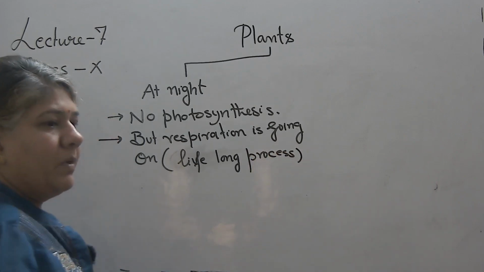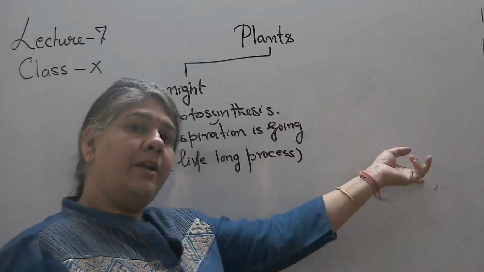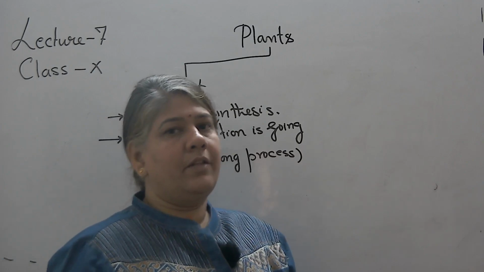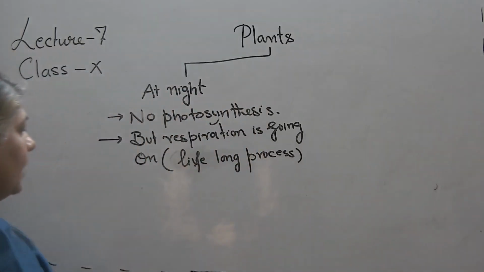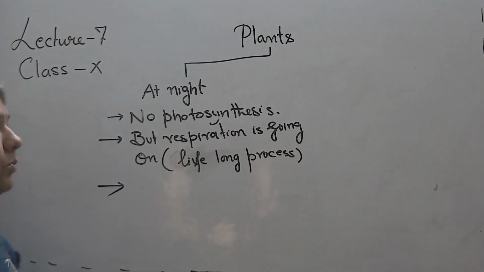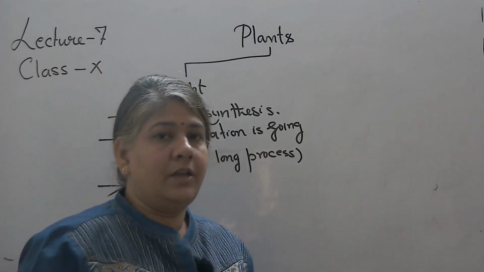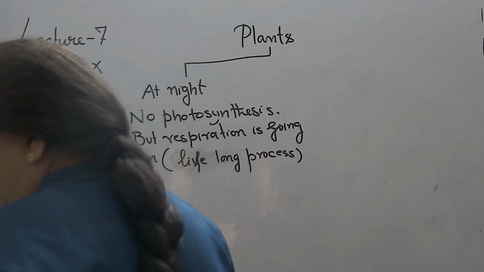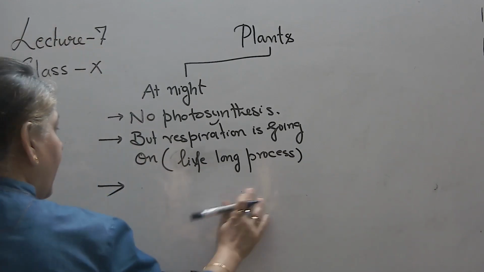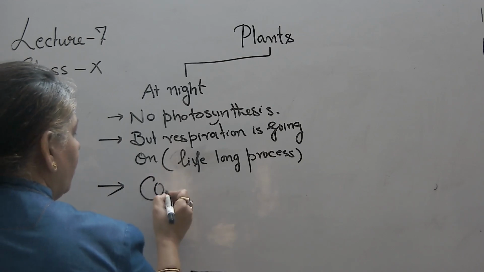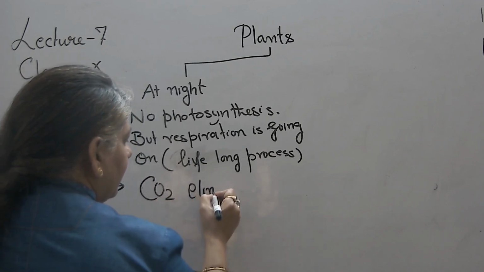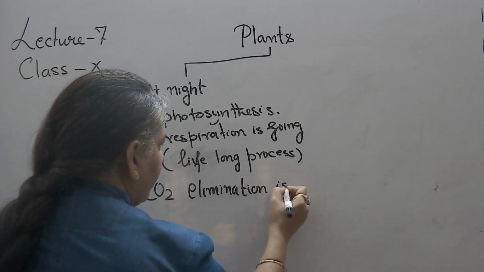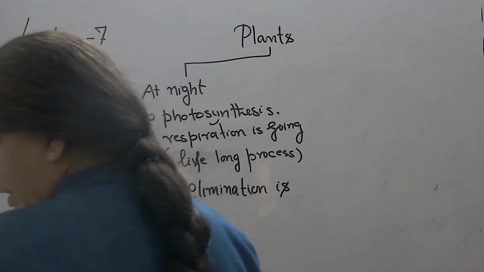So you must remember, photosynthesis is a light-dependent process, while respiration will keep on happening till the organism is alive. So the overall output is carbon dioxide because only respiration is taking place. So you can write down, carbon dioxide elimination, CO2 elimination, is the major activity.